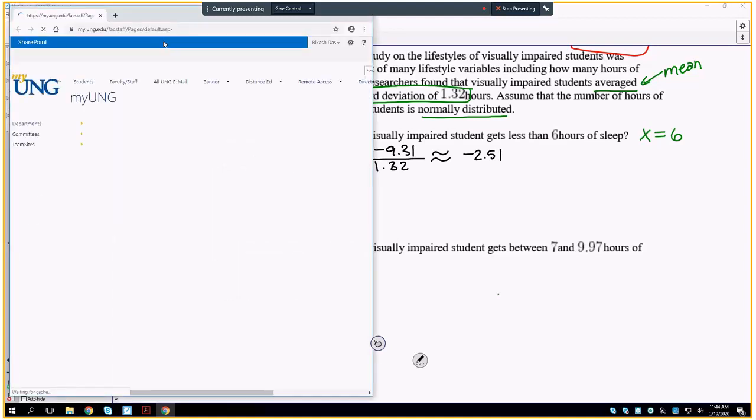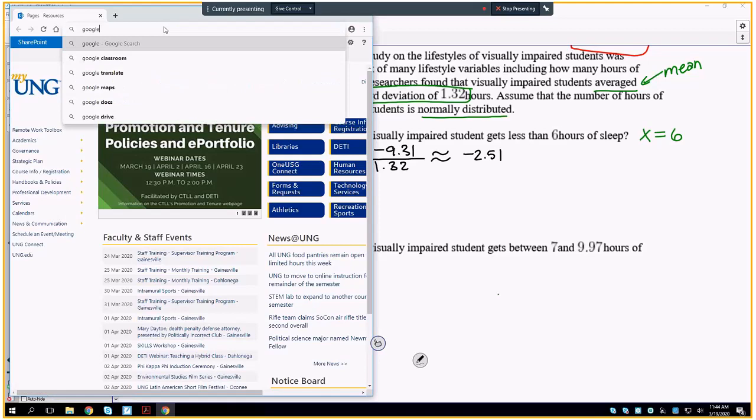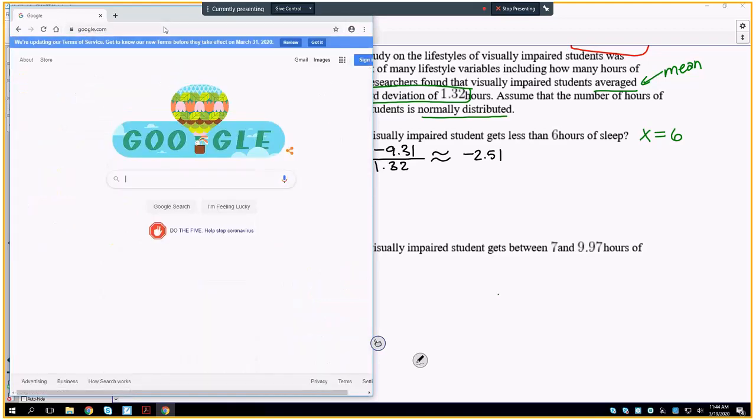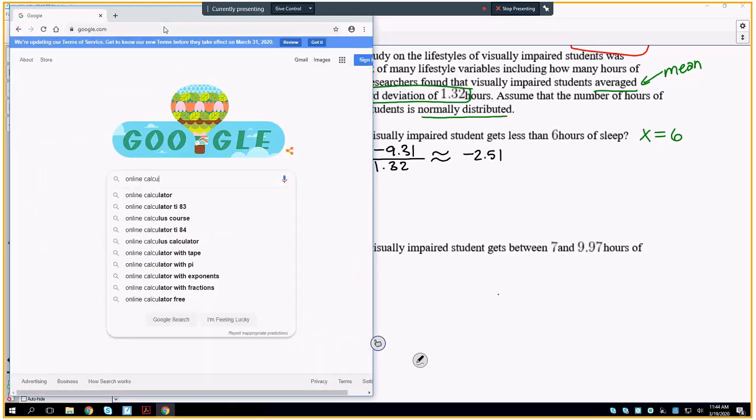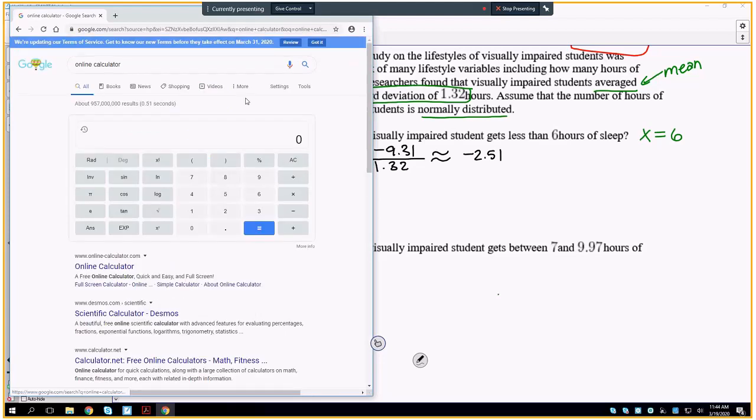So I can open my browser and I can go to Google, find any online calculator that you like, that you trust, and do 6 minus 9.31.